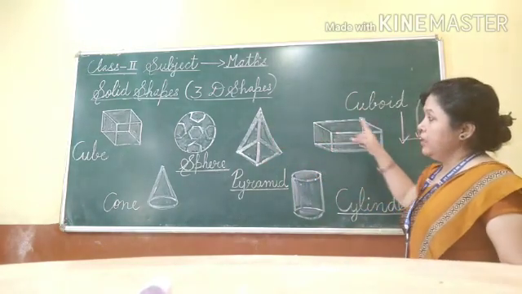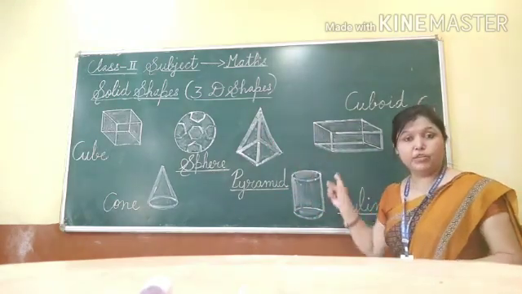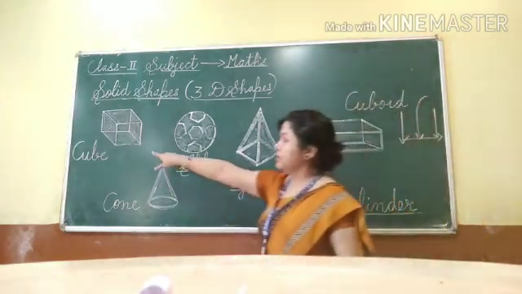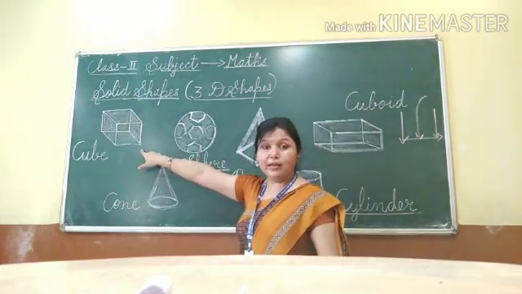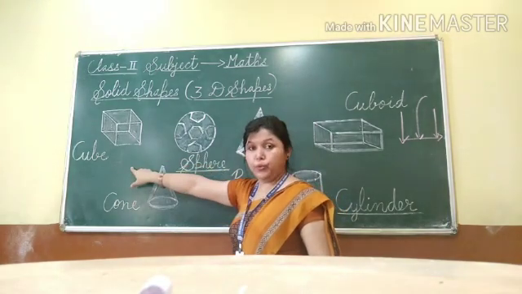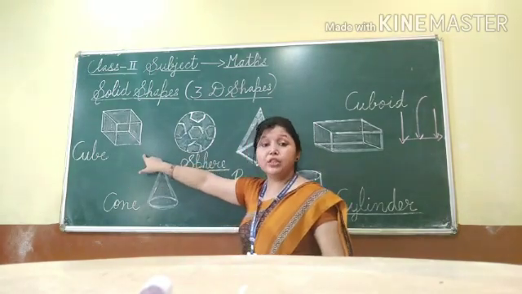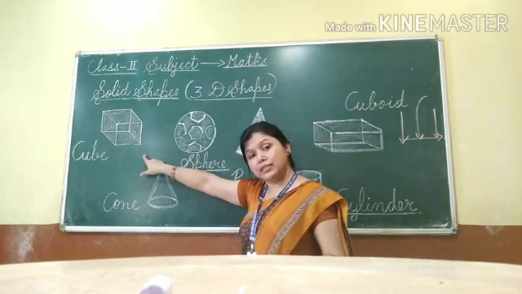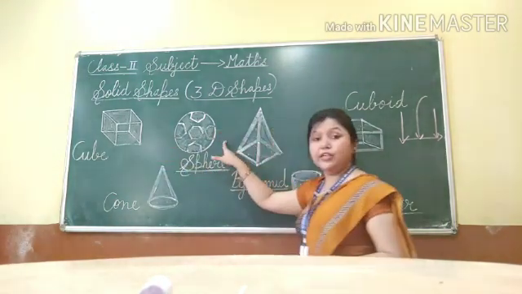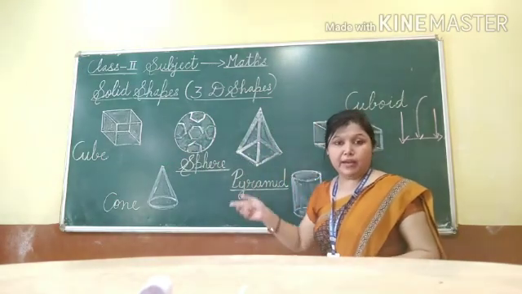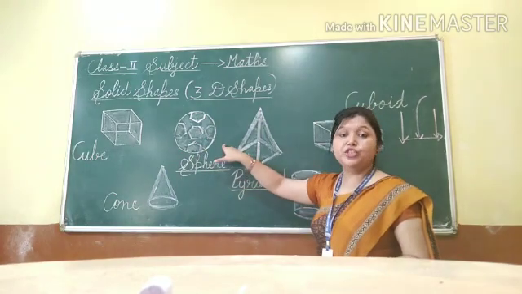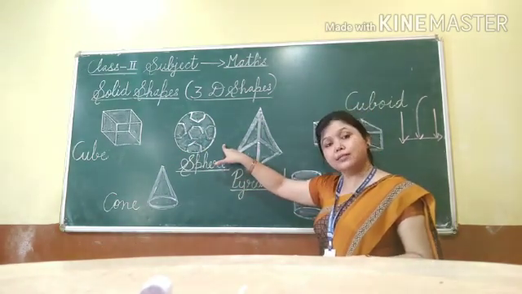So these are, I have made on the board, these are solid shapes. The first shape looks like a square and it is known as cube, because it's a solid shape of a square. Second shape is sphere, the 3-dimensional shape of a circle.